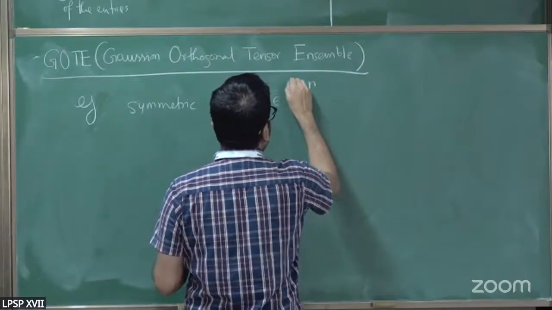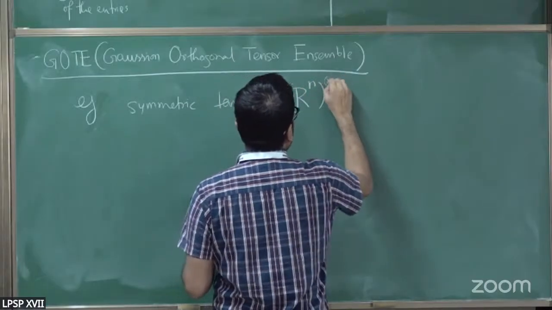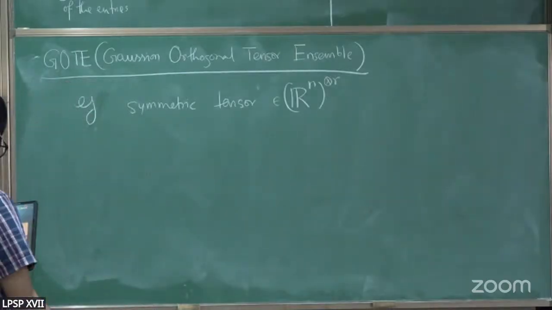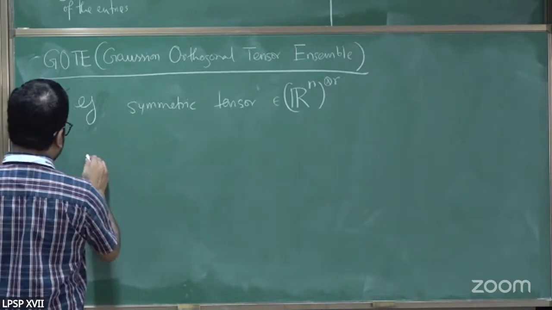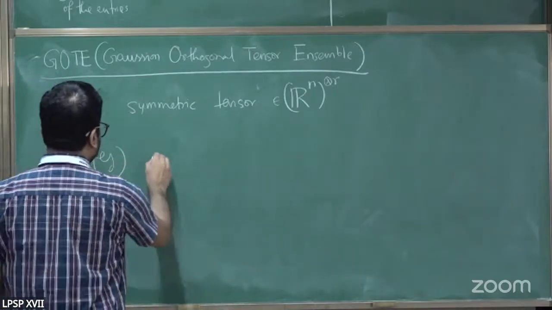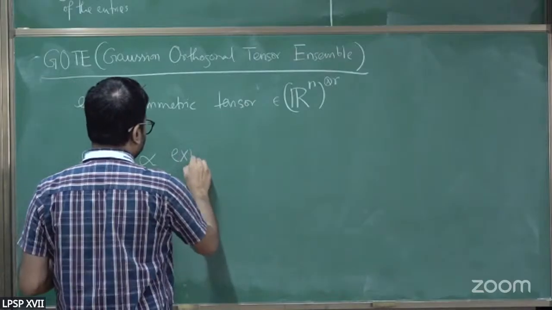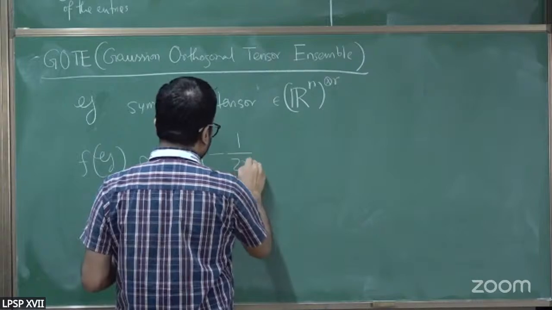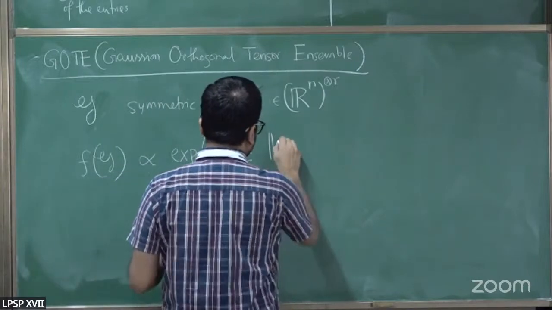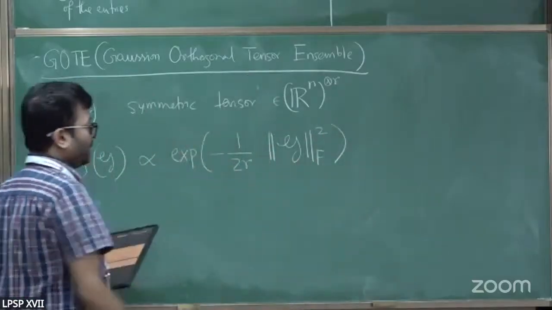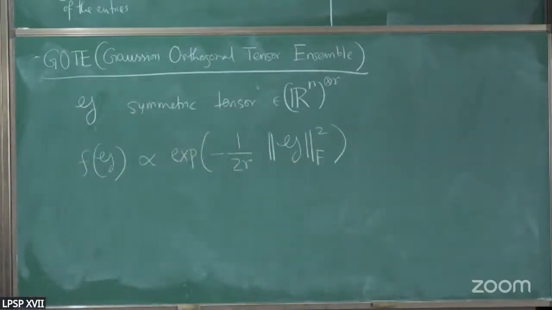I will say that the order is R for our convention. And so the joint density of the entries is proportional to exp of -1/2R times the Frobenius norm squared. So this is the tensor Frobenius norm that we have defined. Okay.